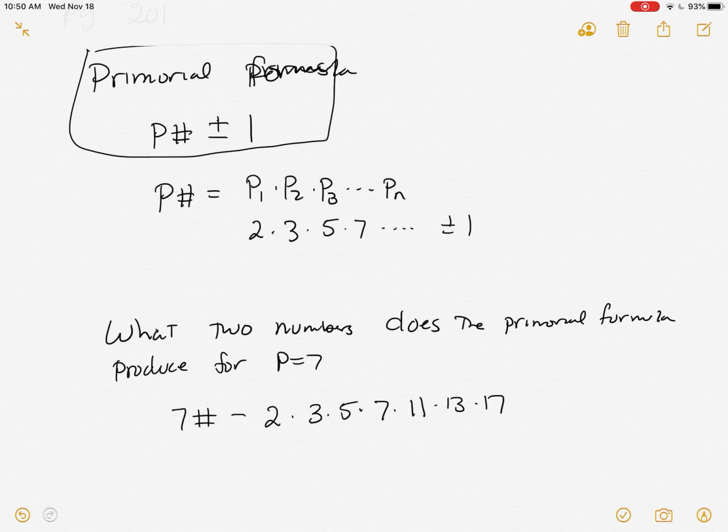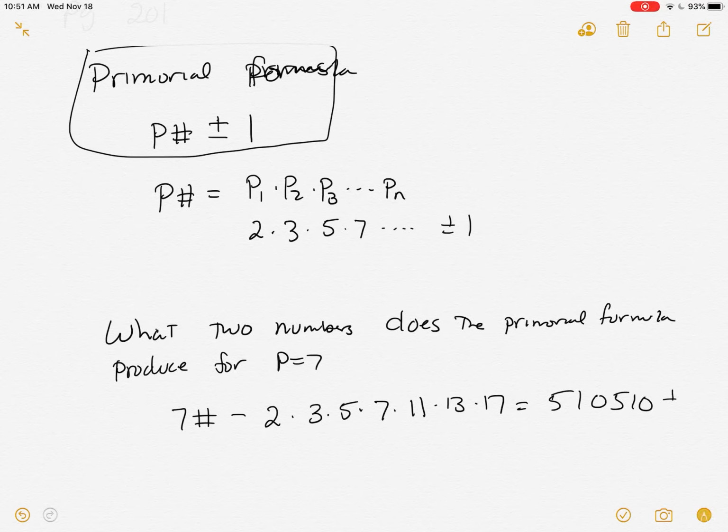Am I thinking about that right? 2, 3, 5, 7, not 9, 11, 13, not 15, but 17. 1, 2, 3, 4, 5, 6, 7. We're going to do that product. It's going to be a big number often. Okay, so the product of that is 510,510.